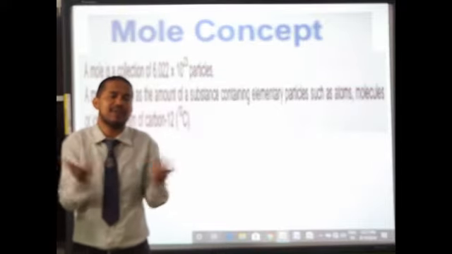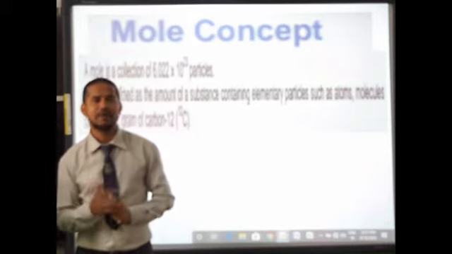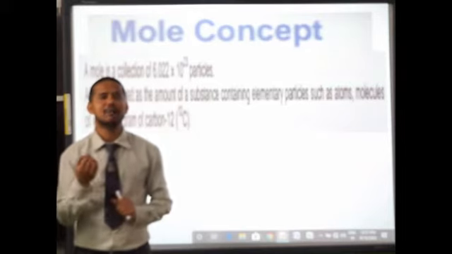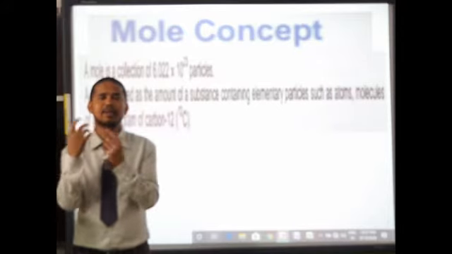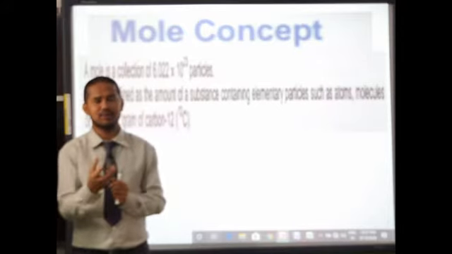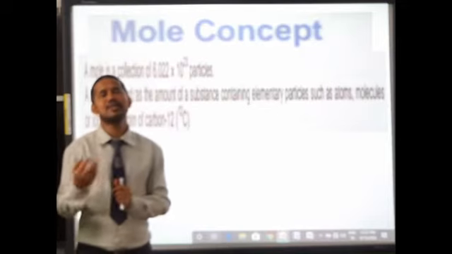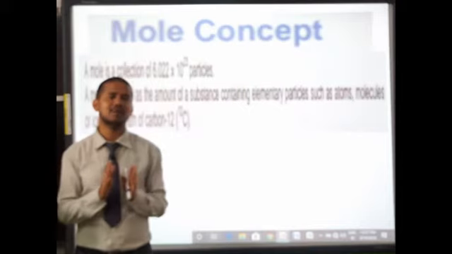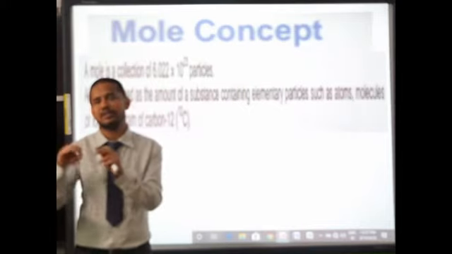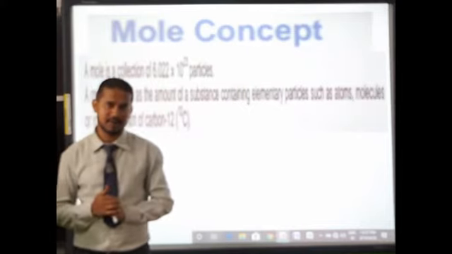So 1 dozen of everything has how many units? 1 dozen means 12 units. 1 dozen of anything means 12 units of that particular thing.